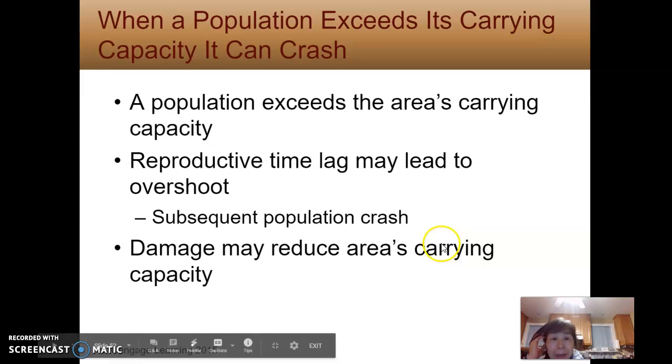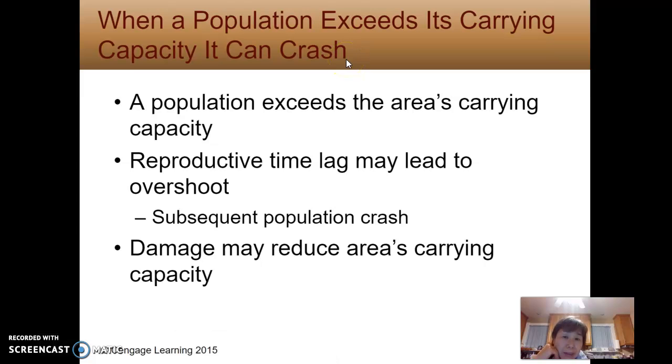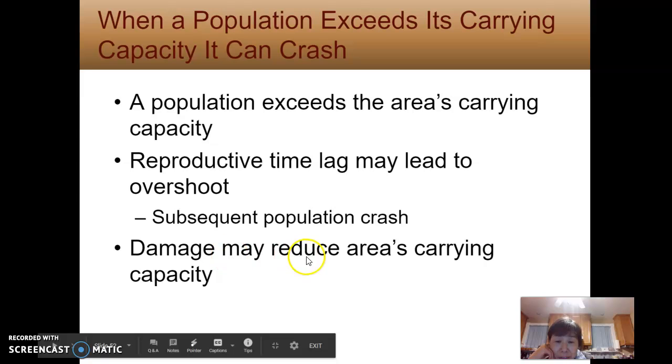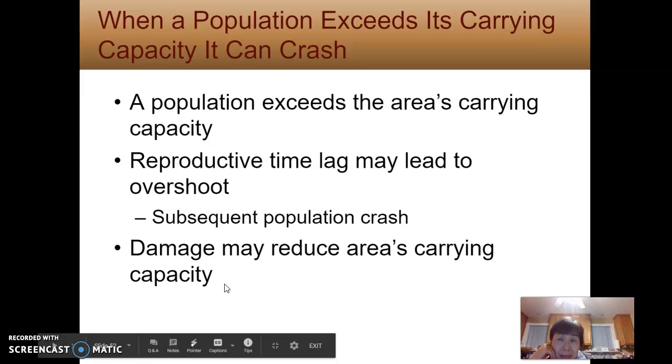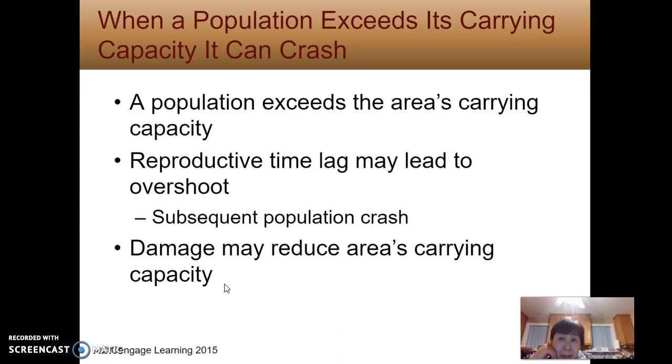And then when a population exceeds its carrying capacity, it can crash. Because if you destroy your own environment, then how would you be able to sustain, right? So when a population exceeds the area's carrying capacity, their reproductive time lag may lead to overshoot. They didn't realize, so they're still producing offspring, and then eventually got a population crash. And then damage may reduce the area's carrying capacity if the environment is of a type of inertia.